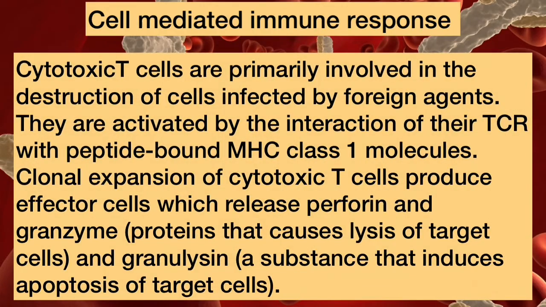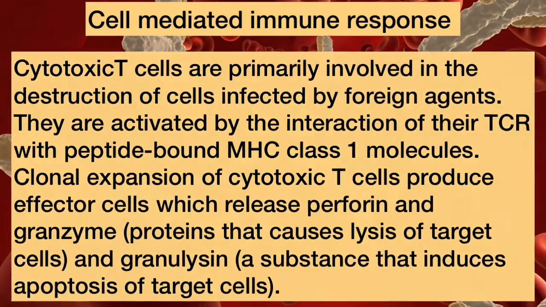Cytotoxic T cells are primarily involved in the destruction of cells infected by foreign agents. They are activated by the interaction of their T cell receptor with peptide-bound major histocompatibility complex class I molecules. Clonal expansion of cytotoxic T cells produces effector cells, which release perforin and granzyme, which are proteins that cause lysis of target cells, and granulysin, a substance that induces apoptosis of target cells.